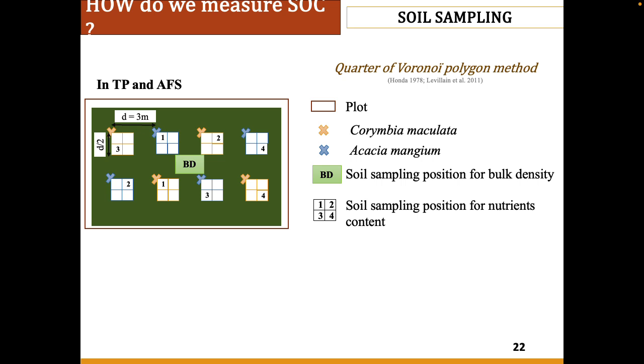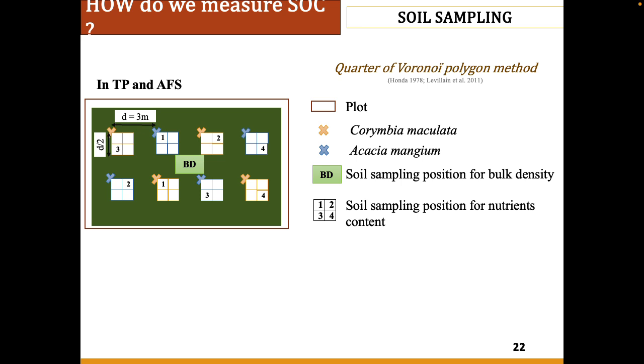And about the soil sampling in the tree plantation and the agroforestry systems, we have taken different types of soil samples. For example, here we have done soil sampling here and here also.